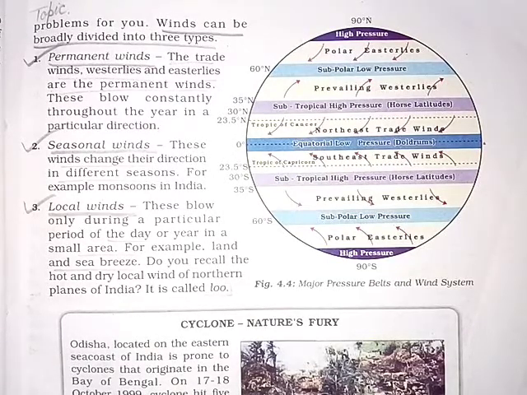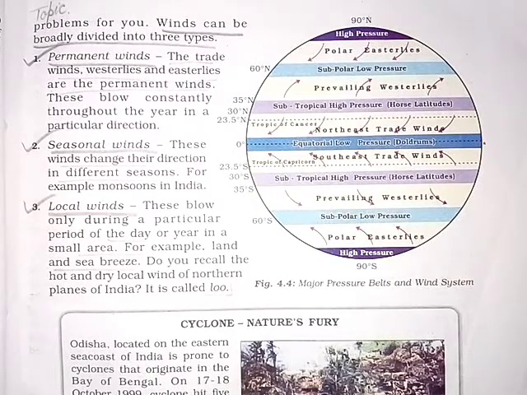Seasonal winds. These winds change their direction in different seasons. For example, monsoons in India. Local winds. These blow only during a particular period of the day or year in a small area. For example, land and sea breeze.